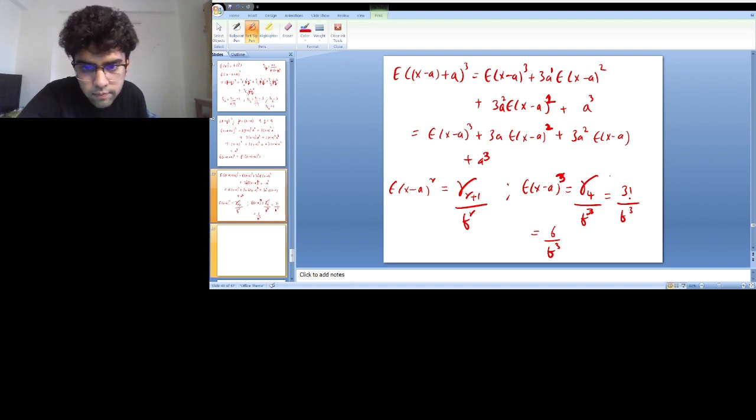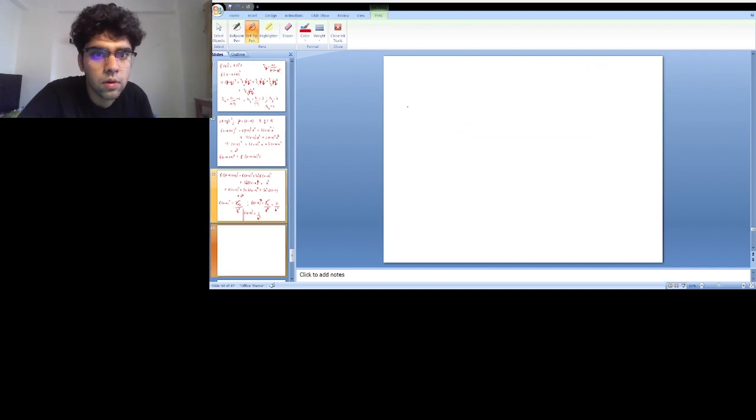So E[(X minus a) cube] is 6 upon b cube, right?